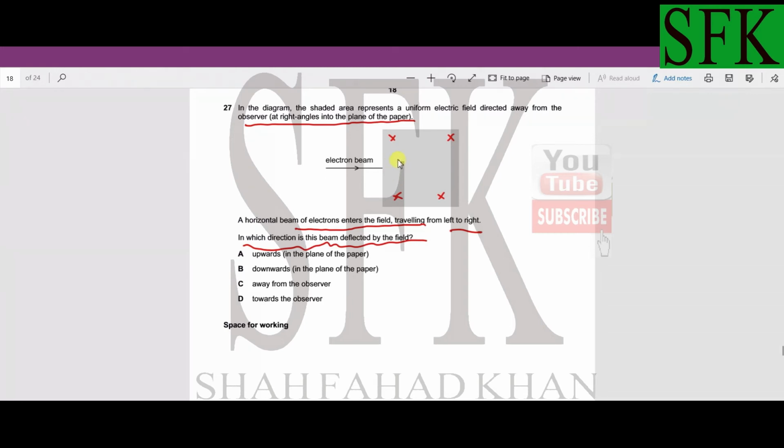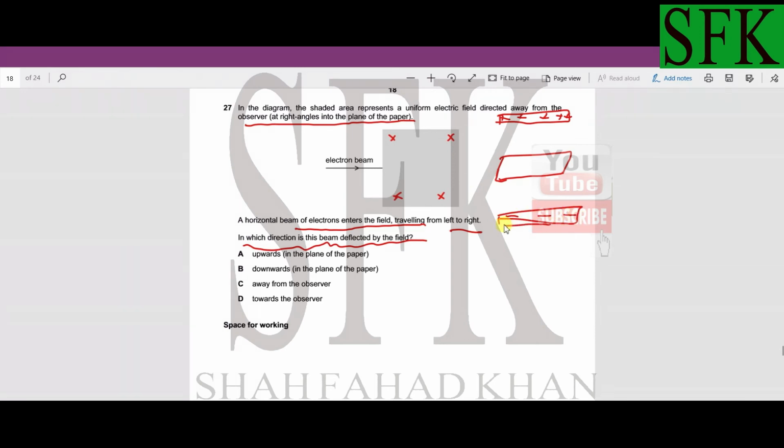The field is going into the page, and it's actually going from the positive particles towards the negative particles. So if we consider this to be your page, the positive plate is above the page and the negative plate is below the page.